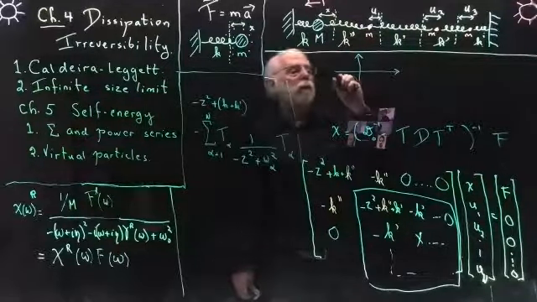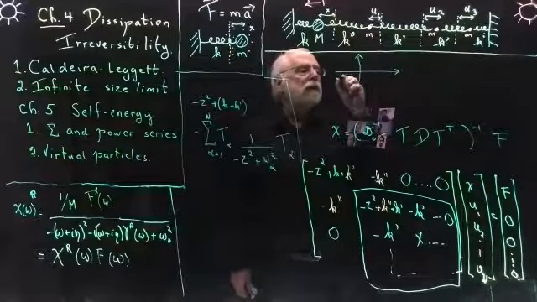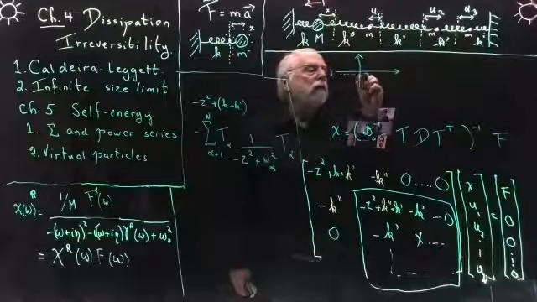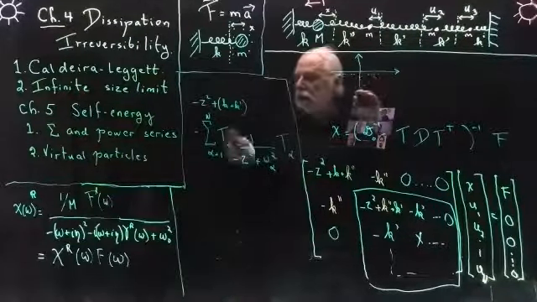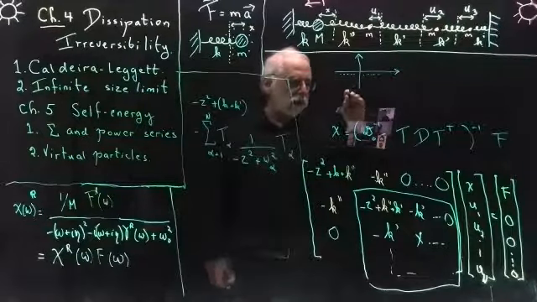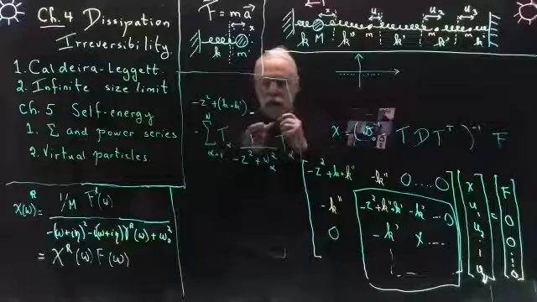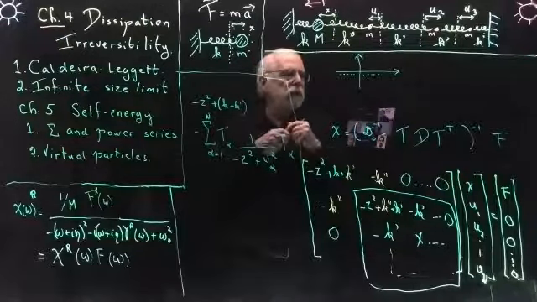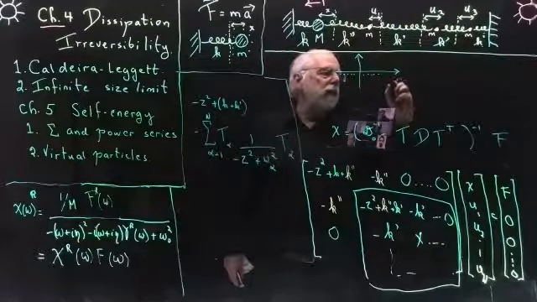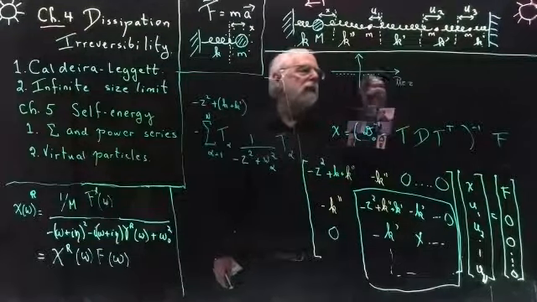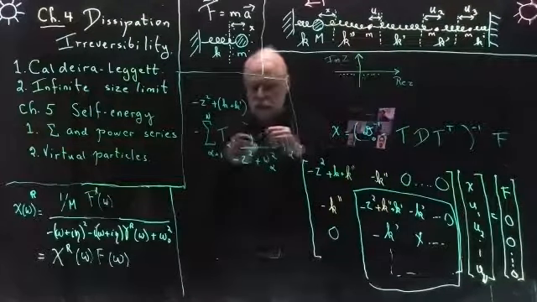So the poles will be located infinitesimally below the real axis. When I have a pole with a positive value of the real part of omega, then I have one with the negative value of omega. So you have to think of this as the real part of Z and the imaginary part of Z.